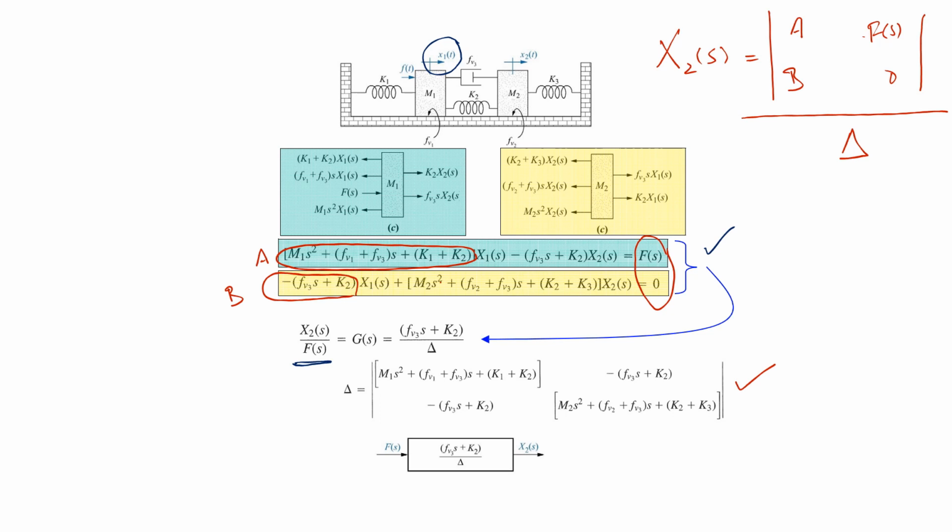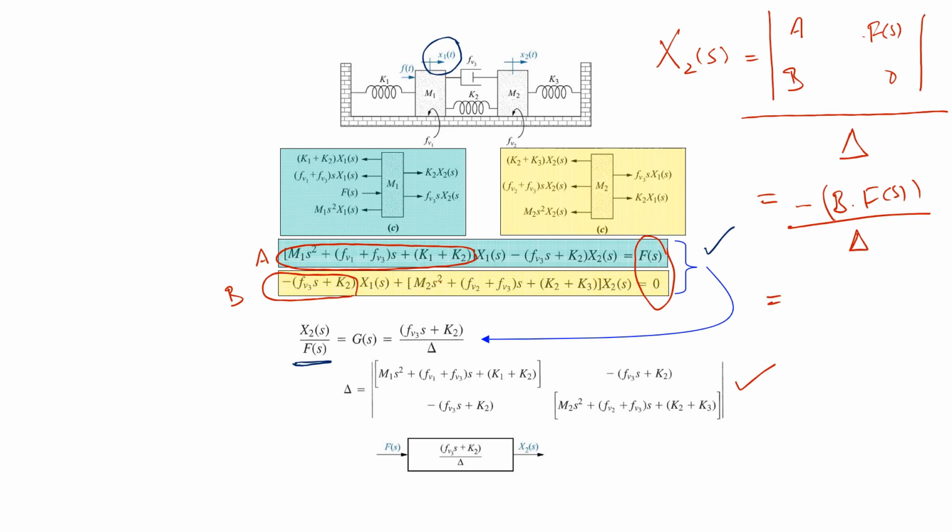From here, we can see that if we multiply a with the 0, it will vanish, and we will have minus b into f of s divided by this delta.